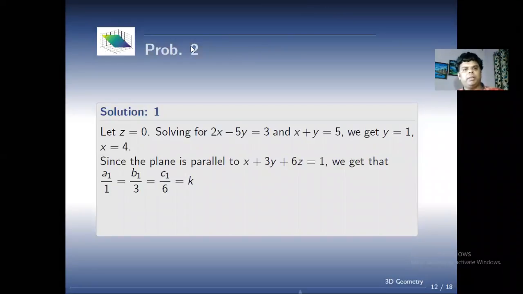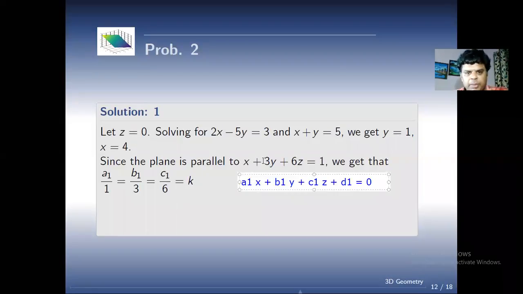Suppose I have that, like a1 x plus b1 y plus c1 z plus d1 equal to 0. If this is the equation of the new plane, it is also parallel to x plus 3y plus 6z equals 1.